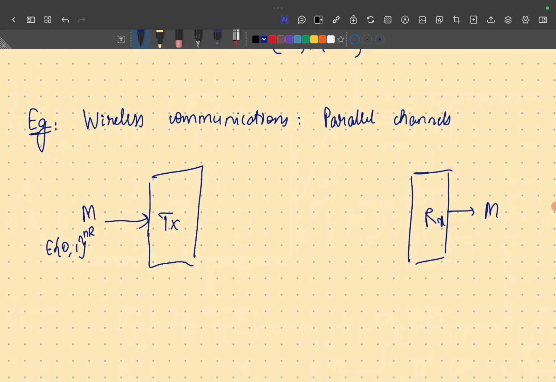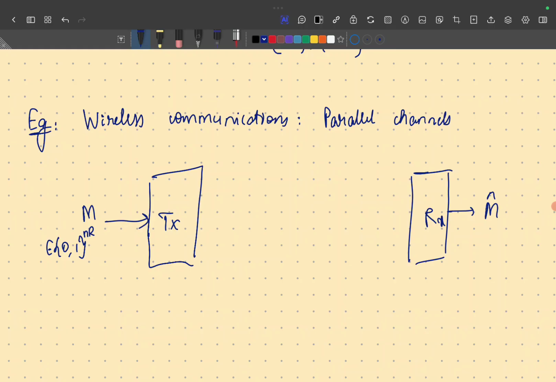And the goal is to somehow reconstruct this message to the extent possible. So ideally you want the output of the receiver to be equal to the message that was sent by the transmitter. But unfortunately, this transmitter has to communicate through a noisy medium, and we model this noisy medium as a random process. So it's not possible to recover M exactly, but you can recover M with high probability.